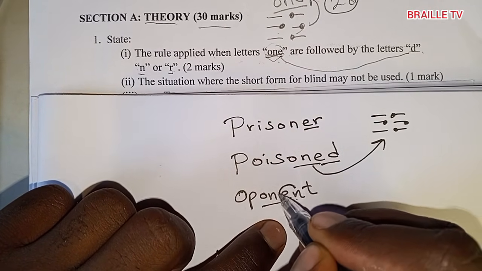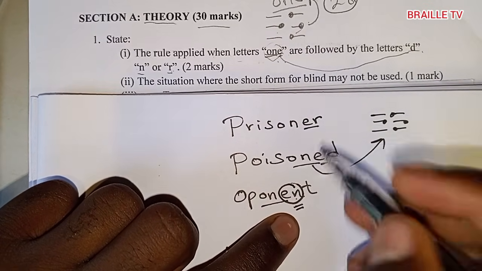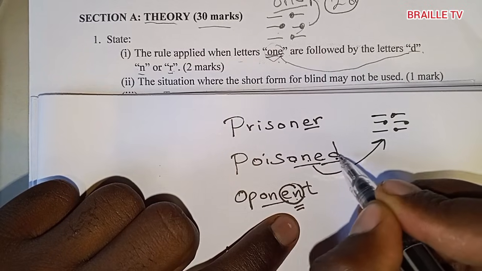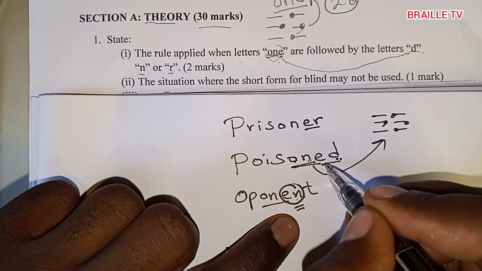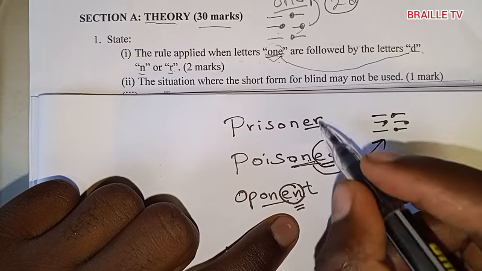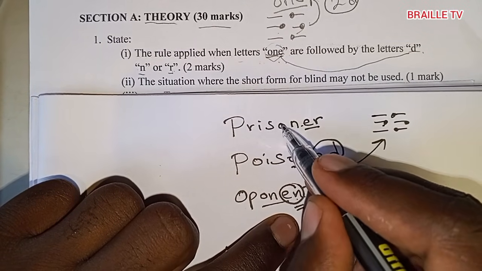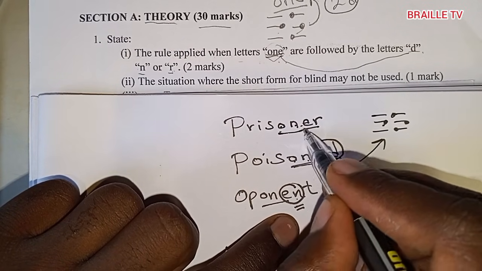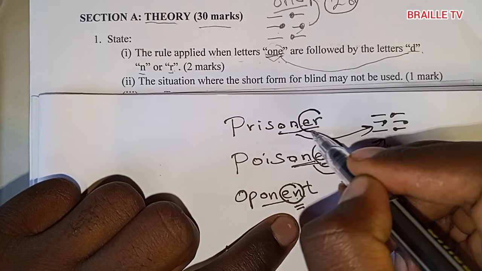Instead, contract EN when followed by N. Again, when followed by D, like in this case, poisoned, O-N-E followed by D, do not contract one as dot 5, contract ED. So the same to R, when one is followed by R, that is O-N-E followed by R, do not contract one as dot 5, but instead contract ER.